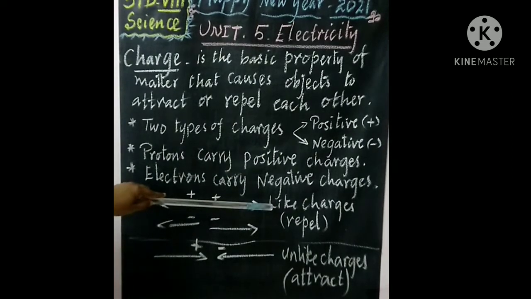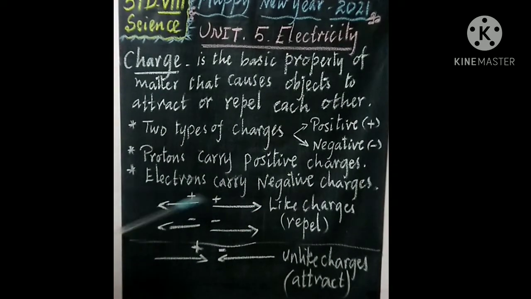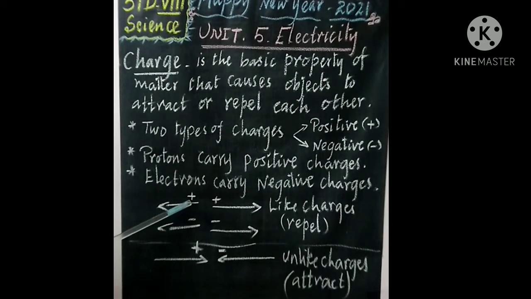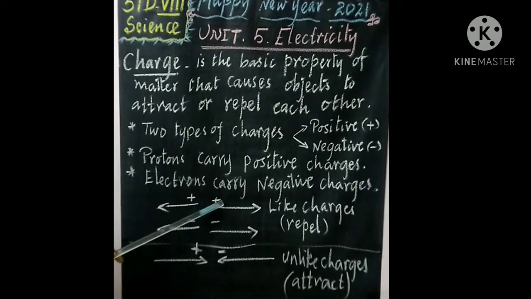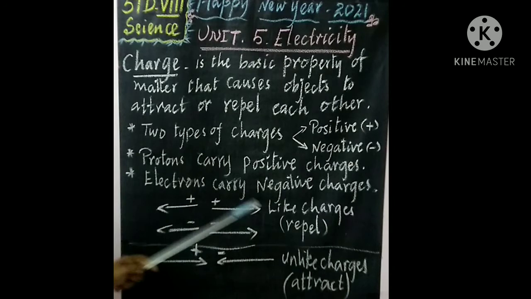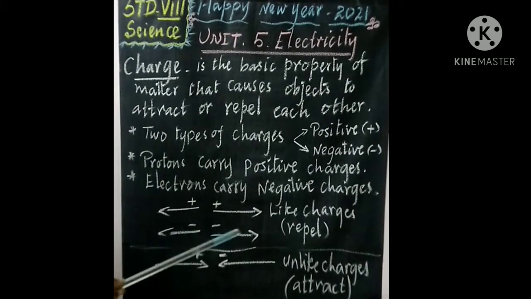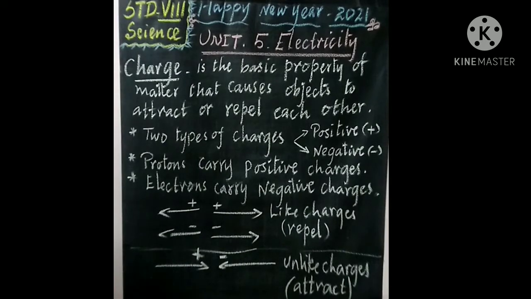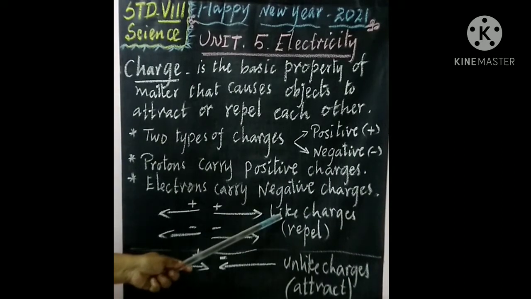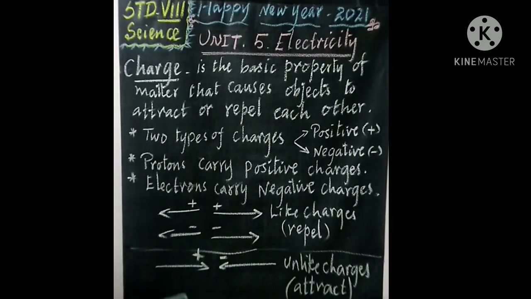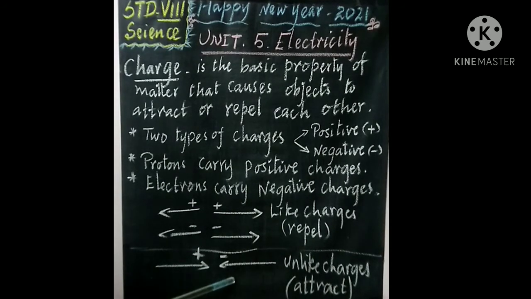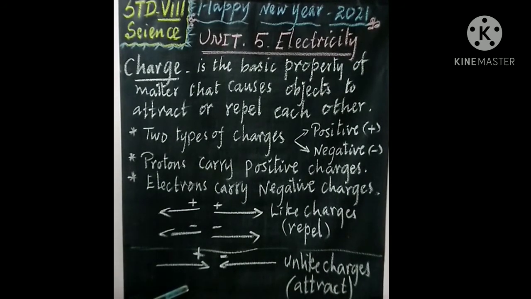One is like charges. Positive and positive charges from two elements, or negative and negative charges from two other elements, make like charges. But unlike charges, a positive charge from one element and a negative charge from another element, make unlike charges.